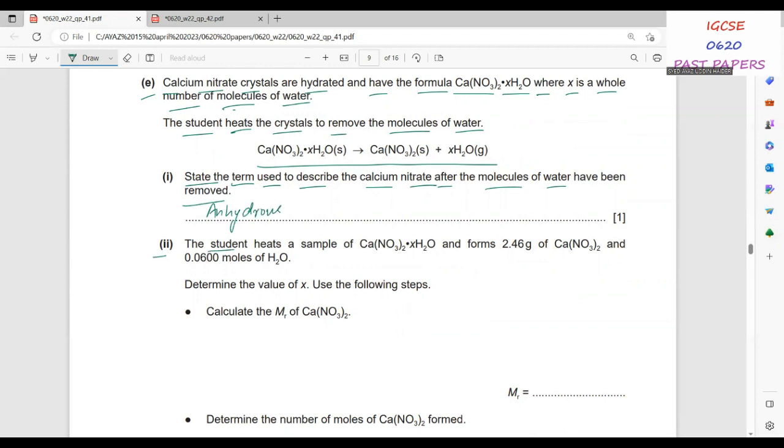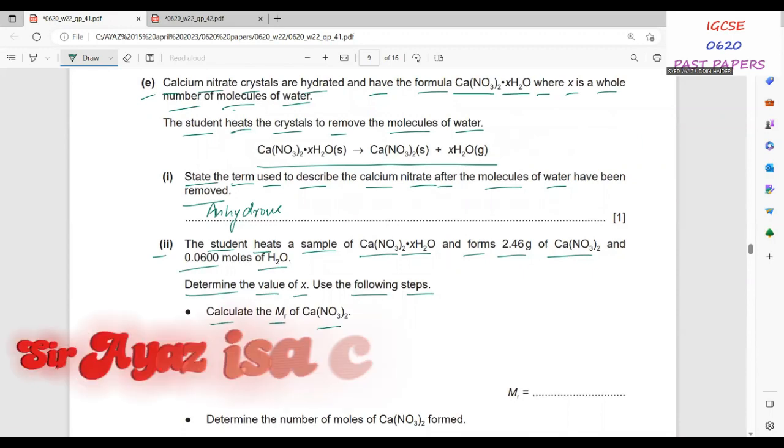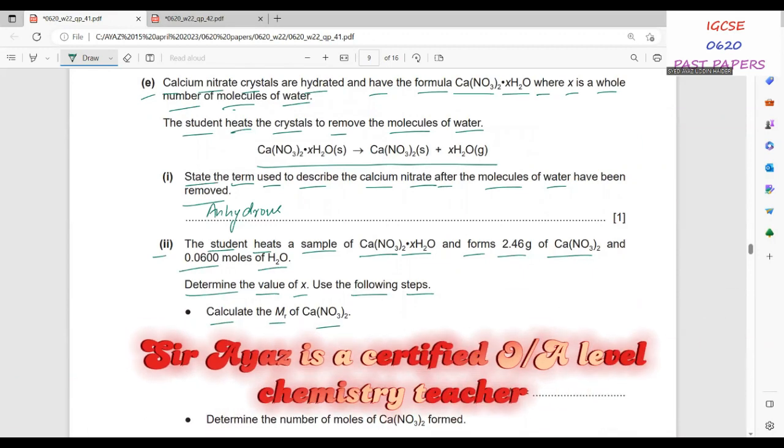Number 2, the student heats a sample of Ca(NO3)2·XH2O and forms 2.46 gram of Ca(NO3)2 and 0.06 moles of H2O. Determine the value of X. Use the following steps. Calculate the Mr of Ca(NO3)2. The relative atomic mass of Ca is 40.